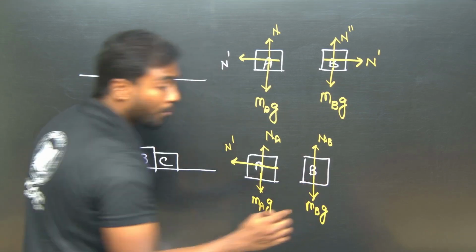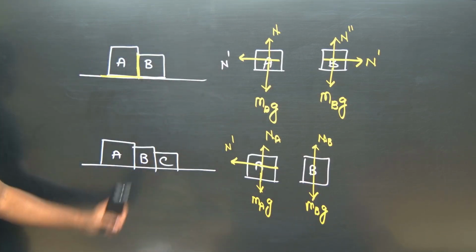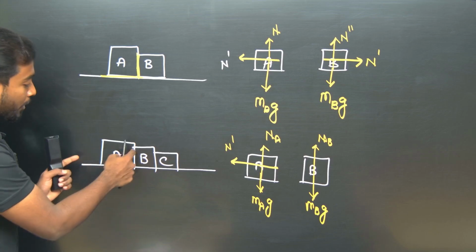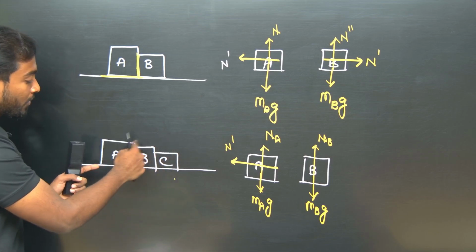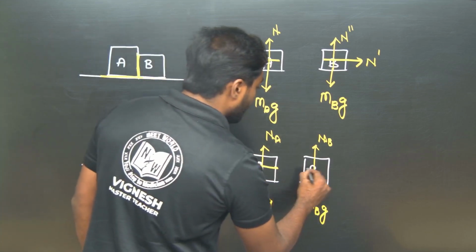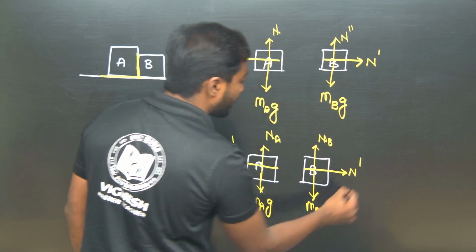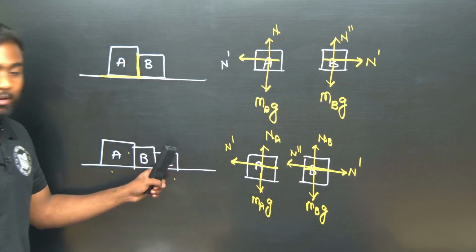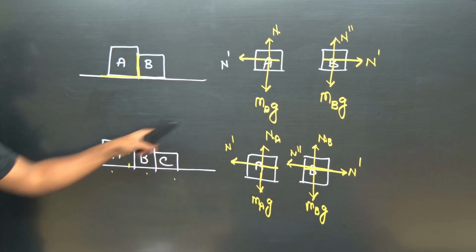And how many surfaces are there for B now? Three surfaces. For A 1 and 2, for C 1 and 2, for B 1, 2, 3. So one normal force in this direction N dash, one more normal force in this direction N double dash, due to C N double dash, due to A that is N dash.